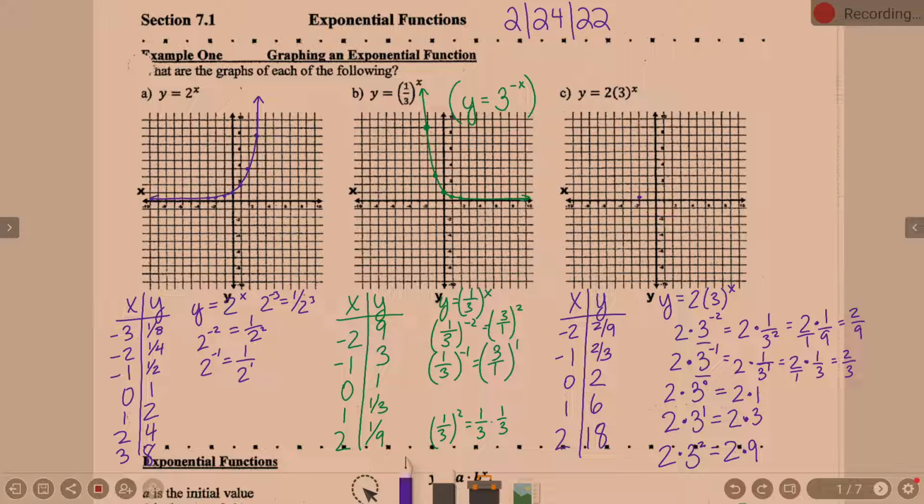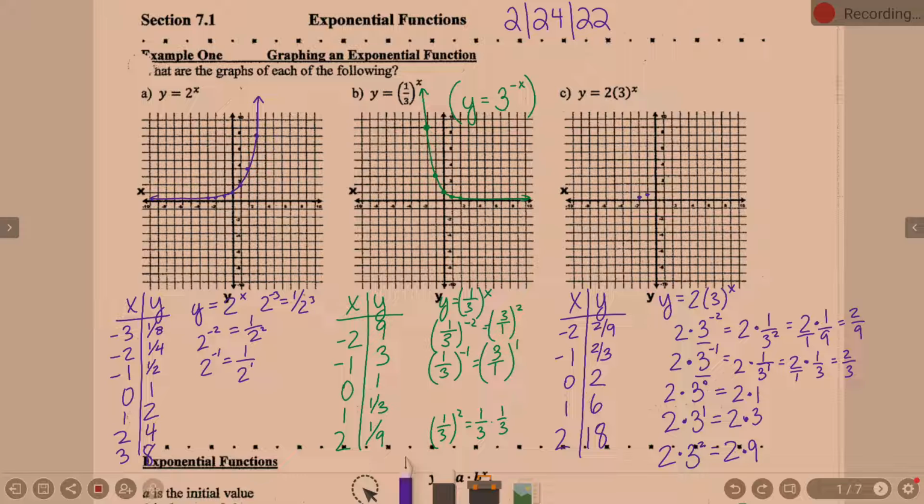Negative 1, 2/3. Left 1 and up 2/3. So you're actually over the halfway point of that box, but it's still very small, isn't it? 0, 2.